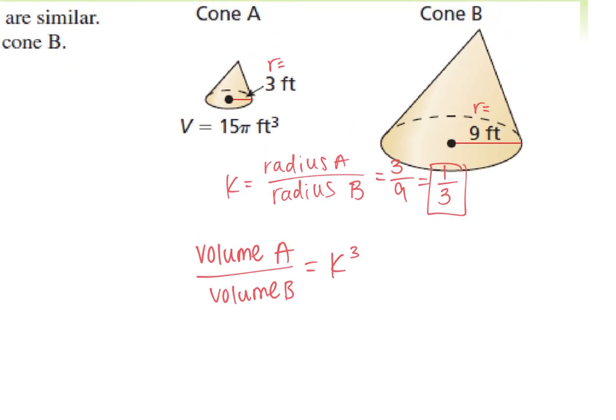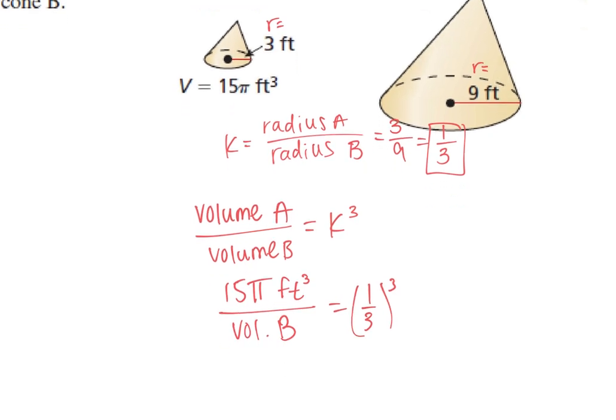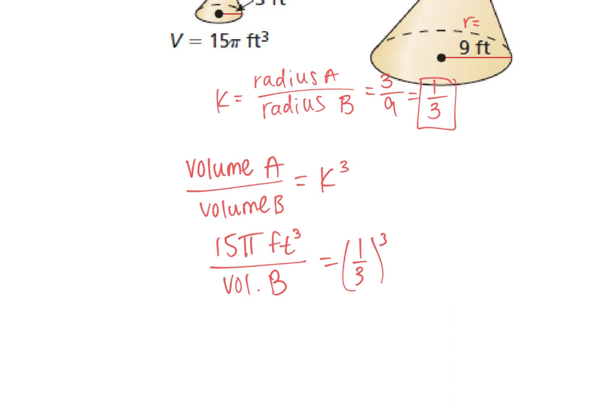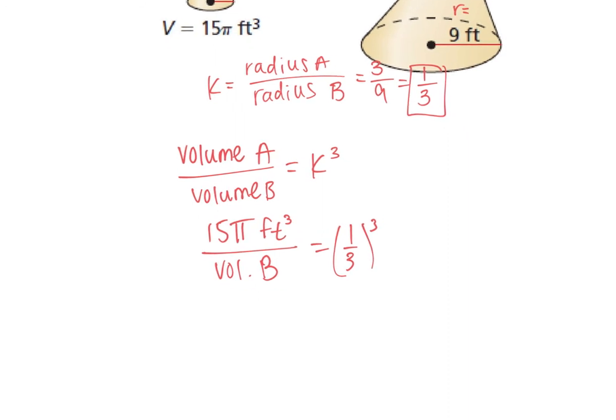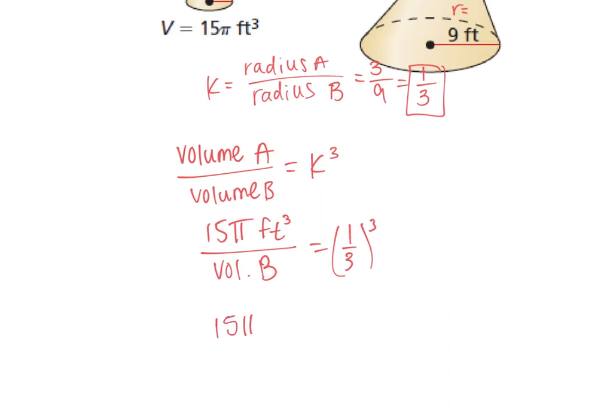The volume of A is 15 pi feet cubed, over the volume of B, which is what we're trying to find, equals our K value, 1/3, cubed. So we've got 15 pi over V for volume, equals 1 cubed, which is 1, over 3 cubed, which is 27.